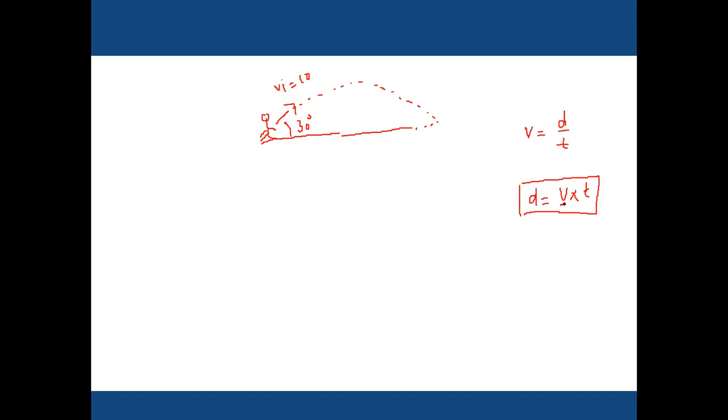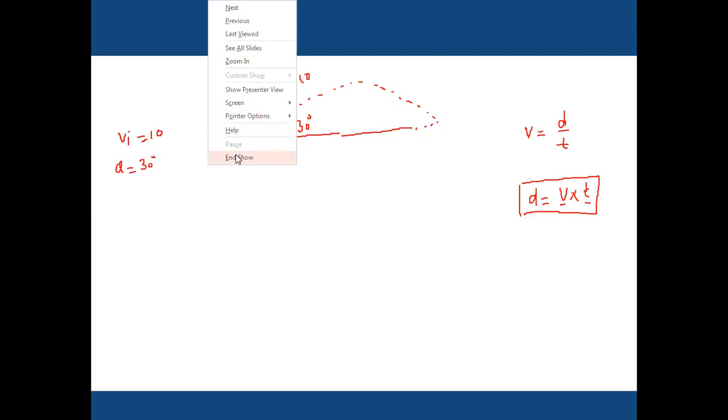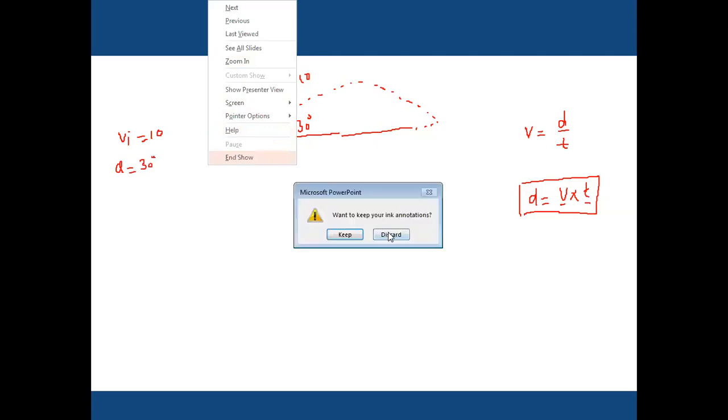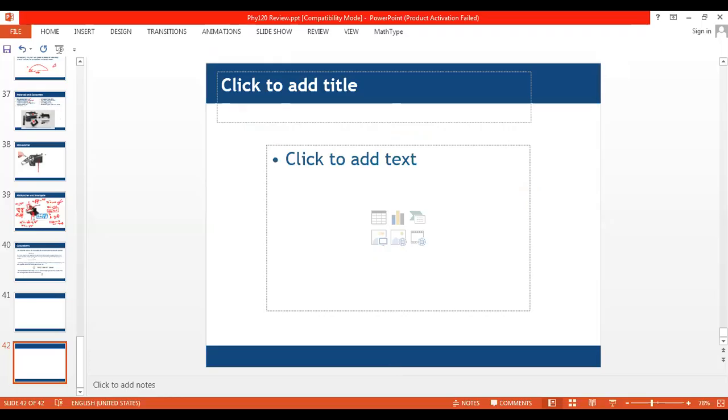How can you find v, and then how can you find time for this one? Let's suppose the angle is given, angle equal to 30 degrees and initial velocity equal to 10. So first of all, we need to find the vertical and horizontal components. Wait one minute. Okay.